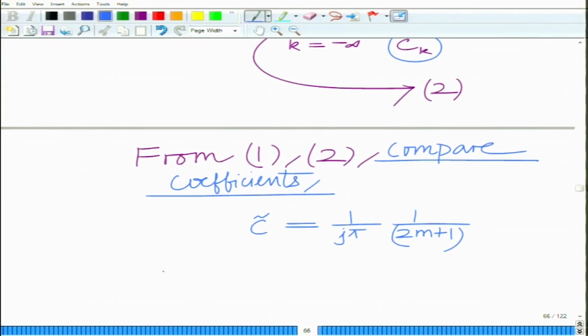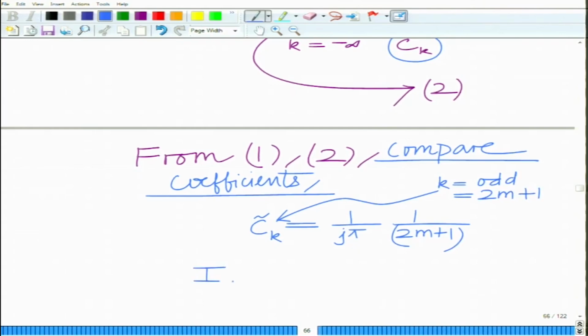But remember, as you can see from above, c tilde is nothing but j omega naught k c k. Now, remember this is c tilde k, and this is only for k odd, that is k equal to 2m plus 1.